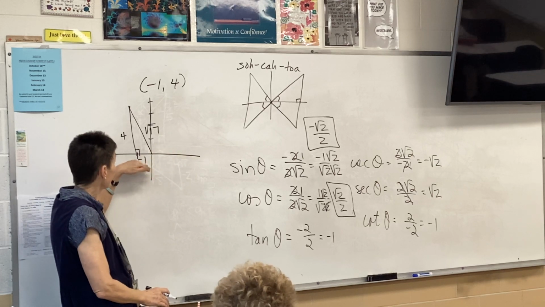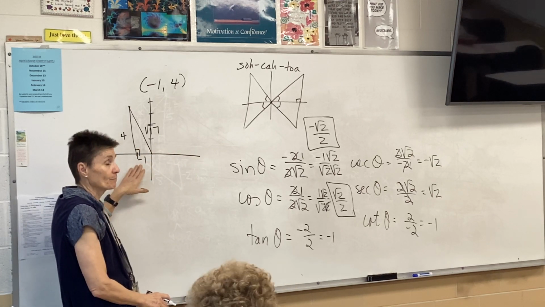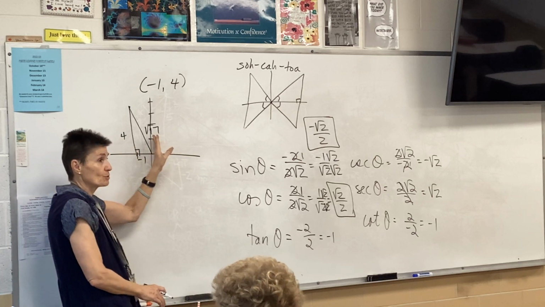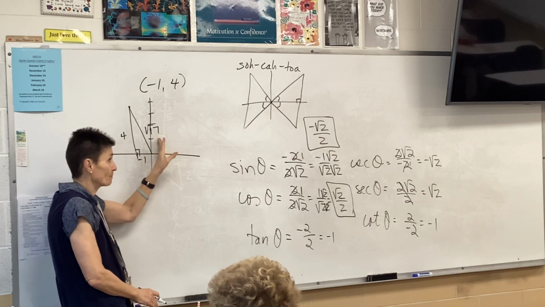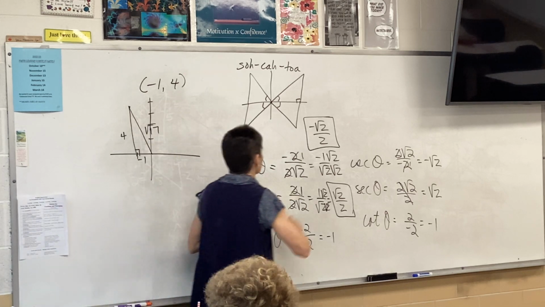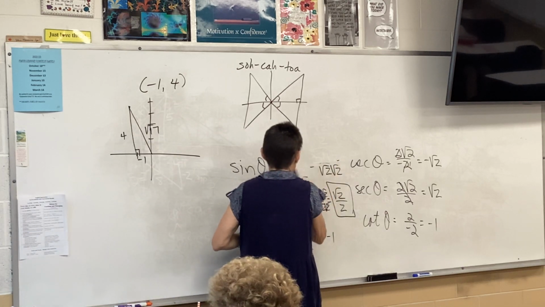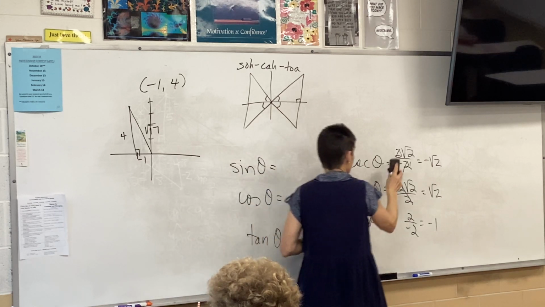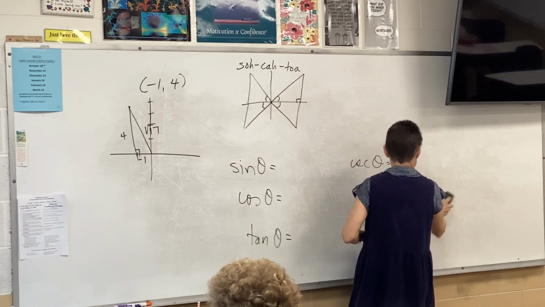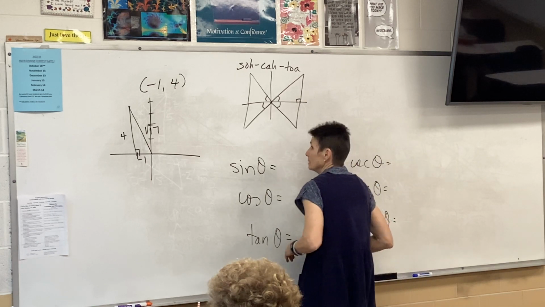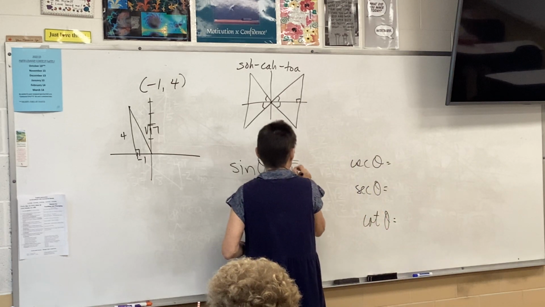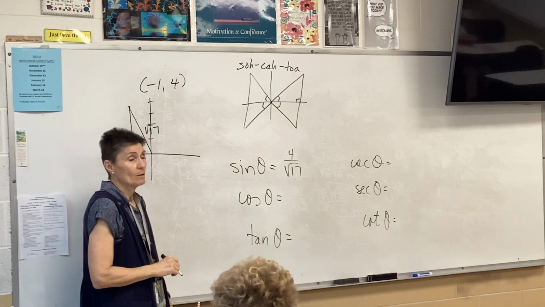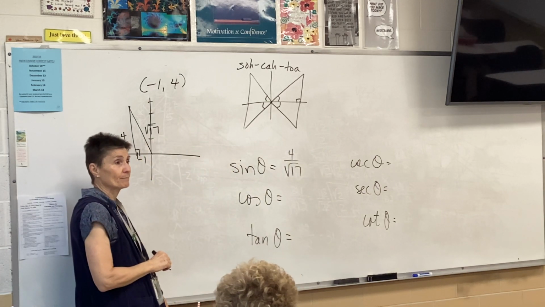Your triangle can have negative parts depending on where you draw it, but the hypotenuse will always be positive. What'd you write down for your sine? 4 over root 17. Yep. That's perfect. What about cosine?